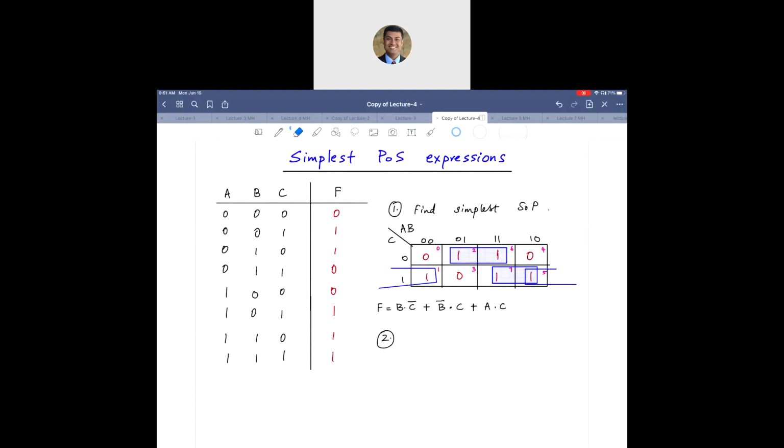So once you have the SOP expression, the second step is this. Let's do this. This was find simplest SOP for F complement. So I'm going to do a little bit of a shift here. I jumped the gun. So let me treat F as 1. All right.